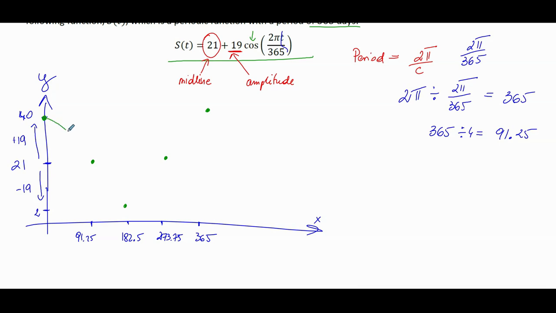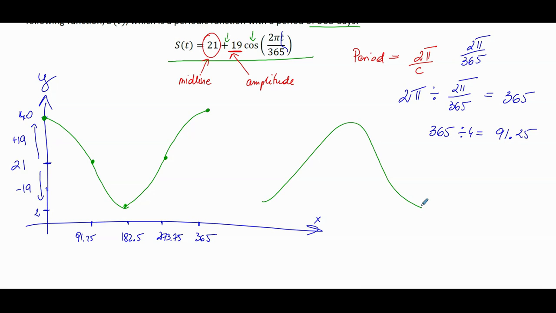So it goes top, middle, bottom, middle again, and top again. So that's the cosine function. If that number had been negative, we would flip the function around, so it would look that way. Sometimes that's what happens, especially in questions with a Ferris wheel.